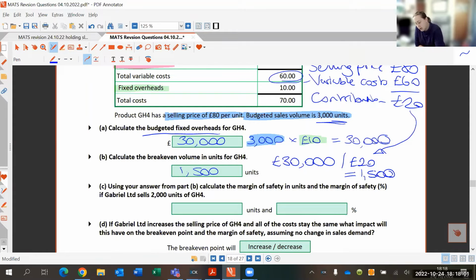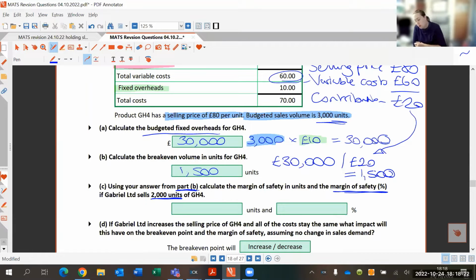So it says for part C that using our answer from part B, so that's going to be important, we need to calculate our margin of safety, both in units, but also the percentage as well, which is where it gets a little bit more tricky. If they sell 2,000 units instead. Okay.